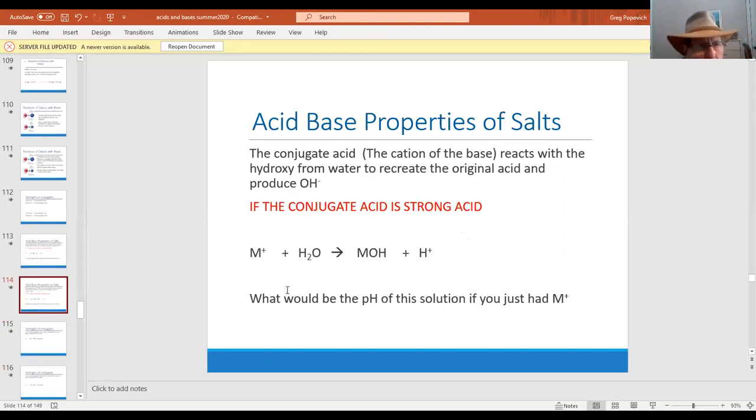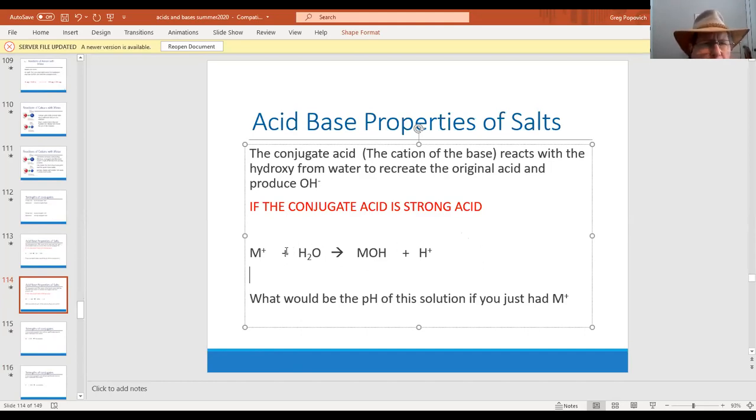Similarly, if I take a cation, an M+, and react that with water, if my conjugate acid is strong, it pulls an OH- away from the water, making MOH, plus I generate H+.